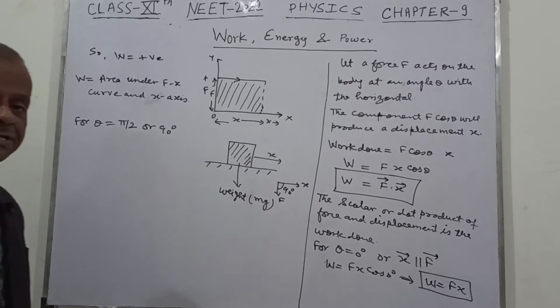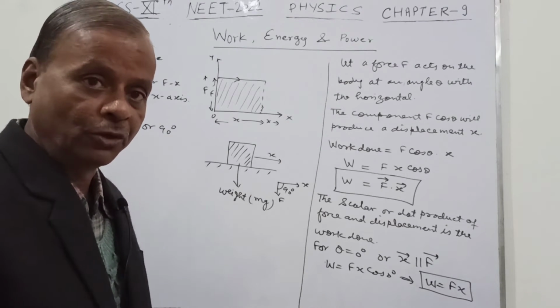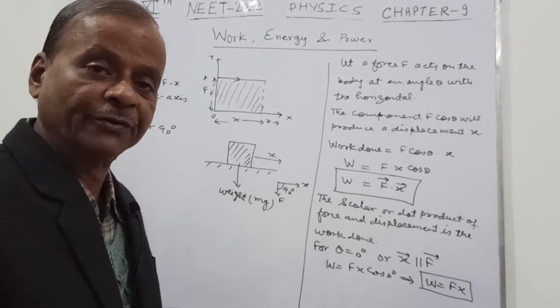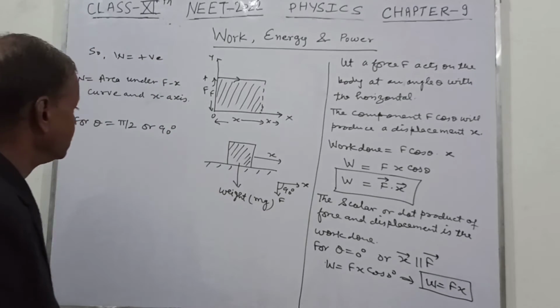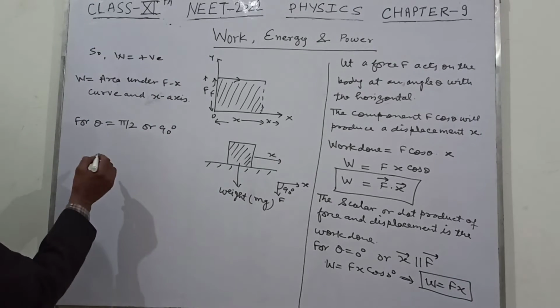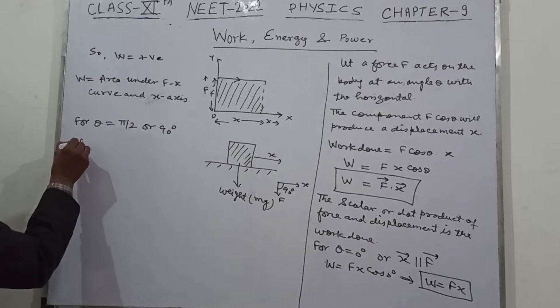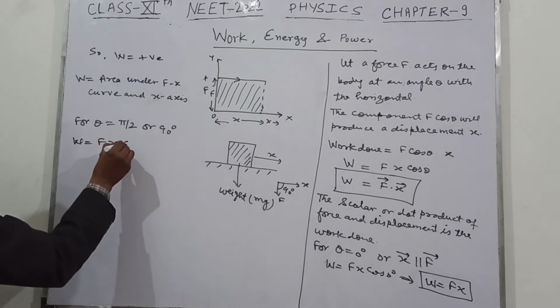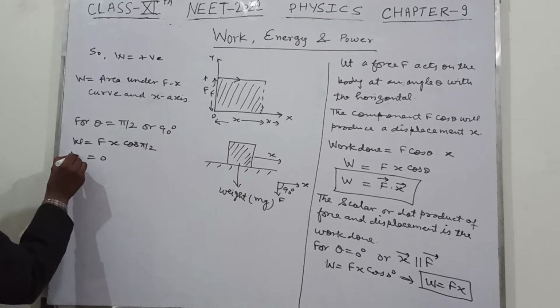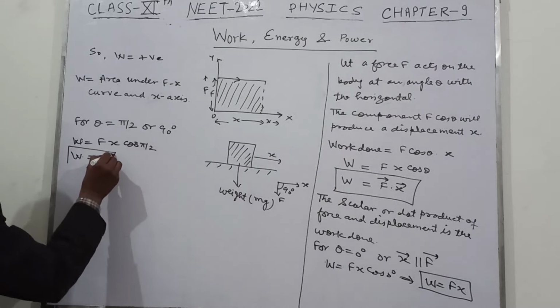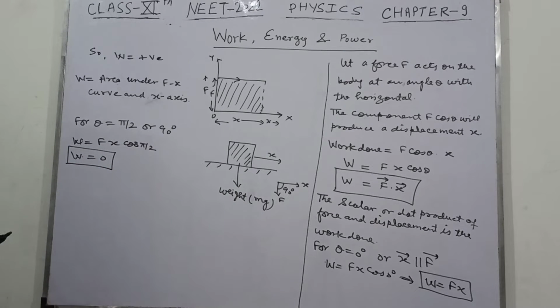So when the body is pushed or pulled on the surface, then the work done by the gravitational force is always equal to 0. W equal to Fx cos pi by 2. So this is equal to 0. This work done is equal to 0.